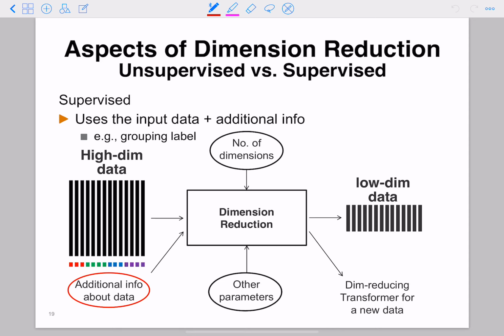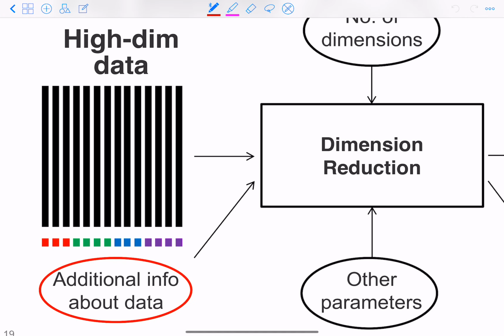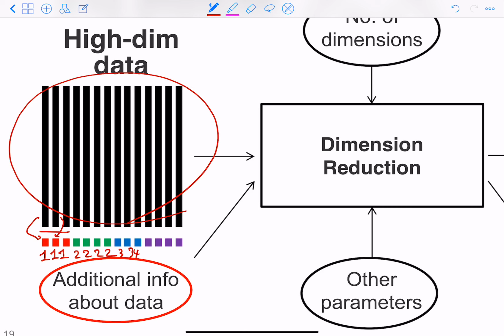a supervised dimension reduction method, as you will imagine, each data item has associated labels. So they correspond to maybe digit 1, digit 2, 3 and so on. So we give this class label information in addition to the high dimensional feature vector representation.